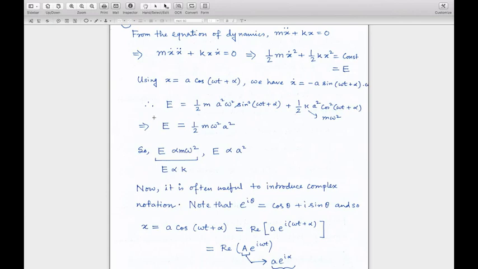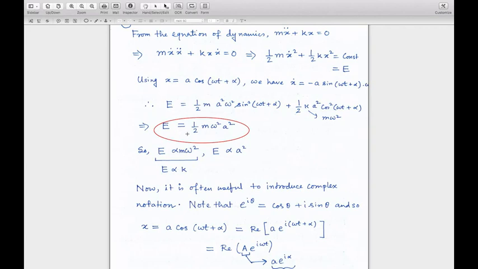Being added, they give half m omega square A square to be the total mechanical energy of the system. So remember, this total mechanical energy depends on m omega square, so it depends on k, that is the stiffness constant.